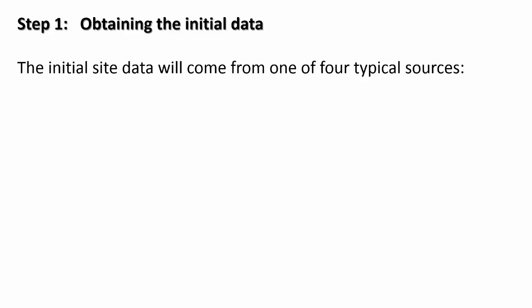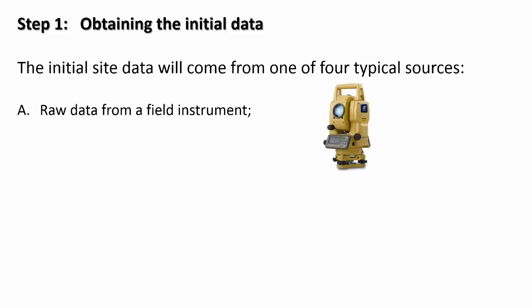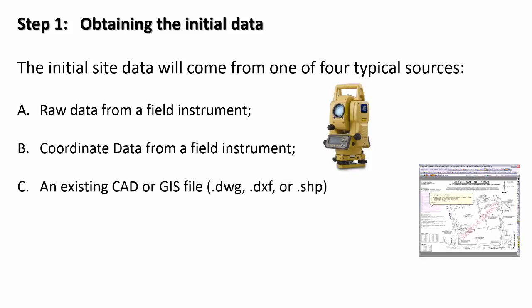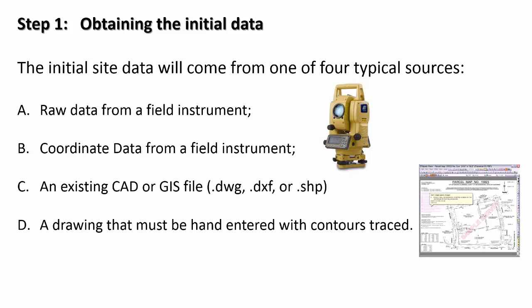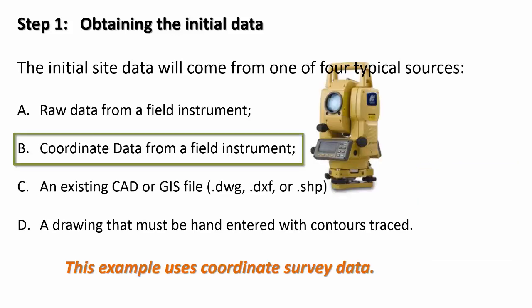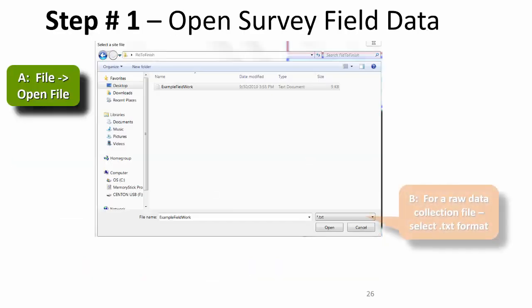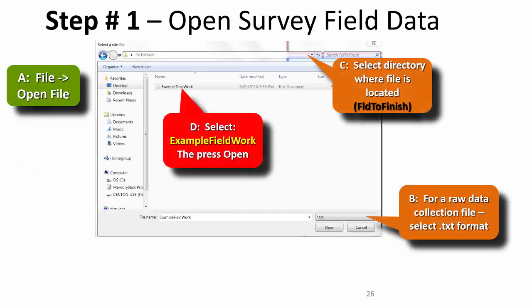Initial site data is going to come from raw data from a field instrument, coordinate data from a field instrument, an existing file, either CAD or GIS, or a drawing they have to hand enter. For this example, we're going to use the most common format, which would be coordinate data from the field. You'll go into day 1 of training, and you'll see an example fieldwork file.